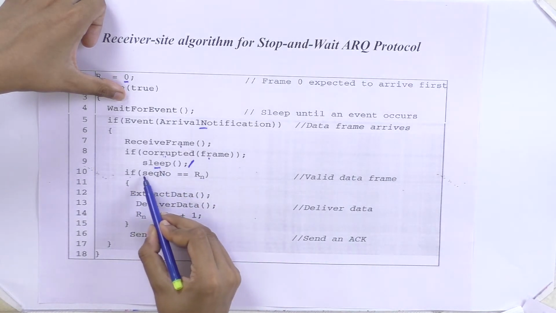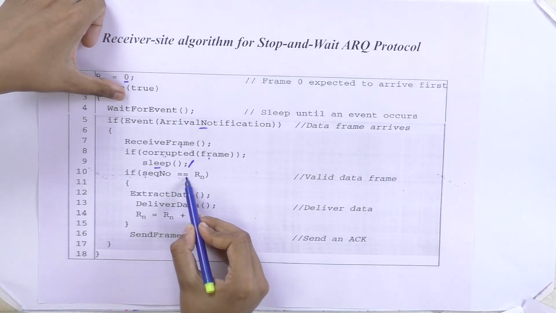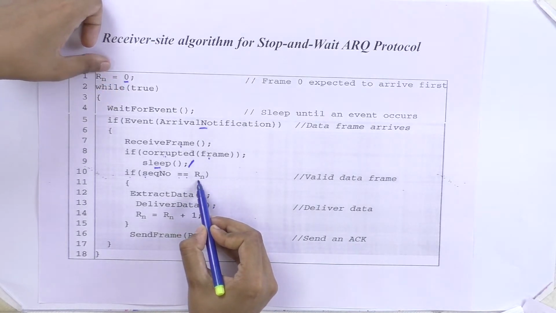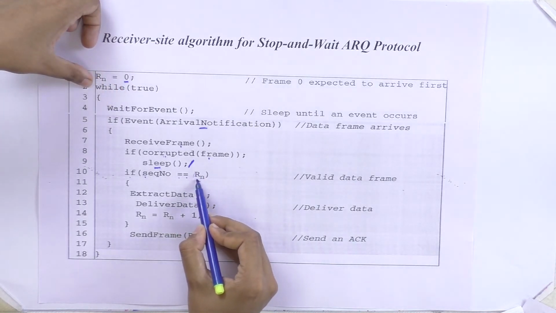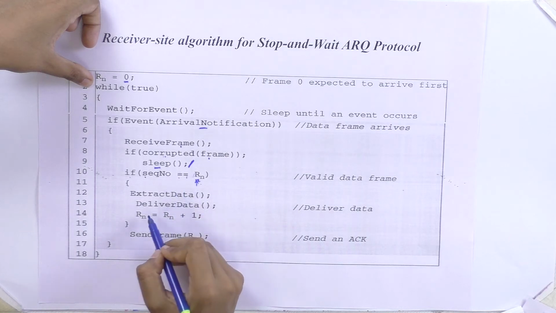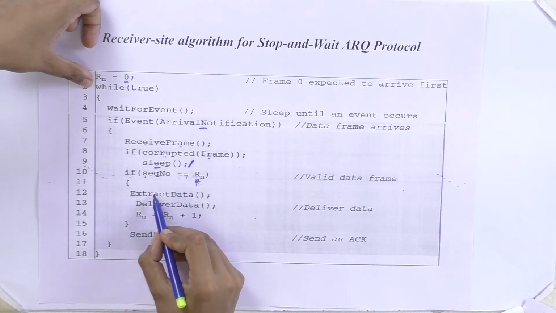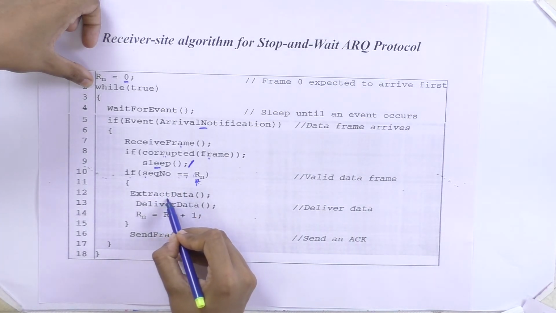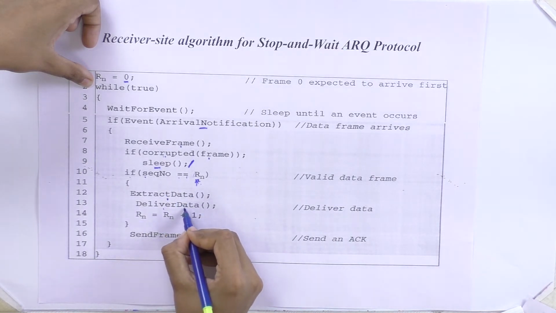And then if the sequence number is equal to the Rn, which means the receiver's expectation, if this data frame is validated, it extracts the data from that particular frame and delivers it.